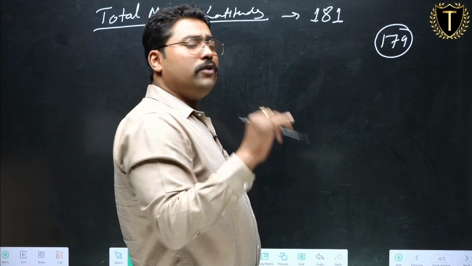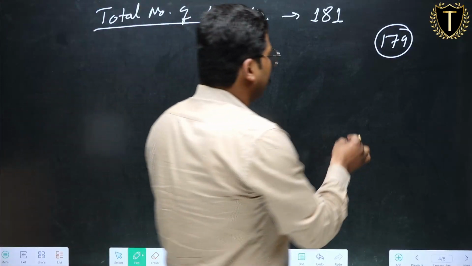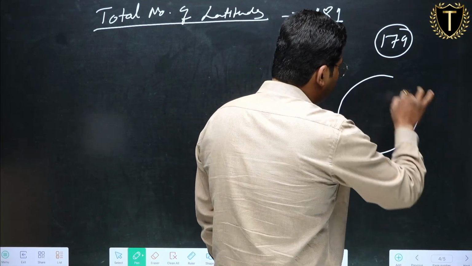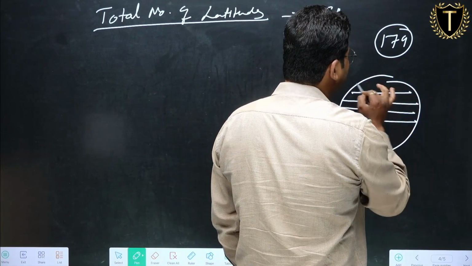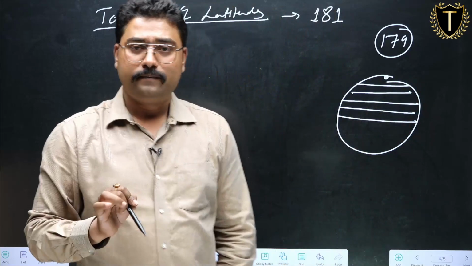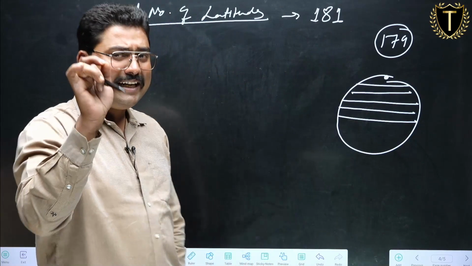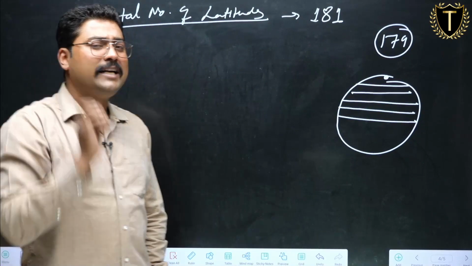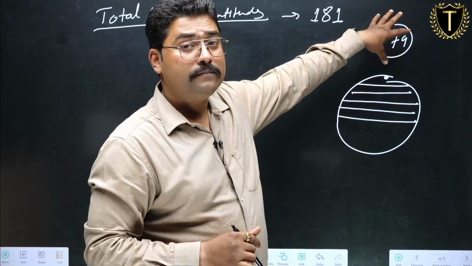Because you have not counted 90 north and 90 south, as when we are moving from the equator towards the pole, the length of the latitudes is decreasing, and over the pole they turn into a point. So you are not considering that point, 90 degree north and south, as a latitude. So you figured the answer 179, but it is wrong.